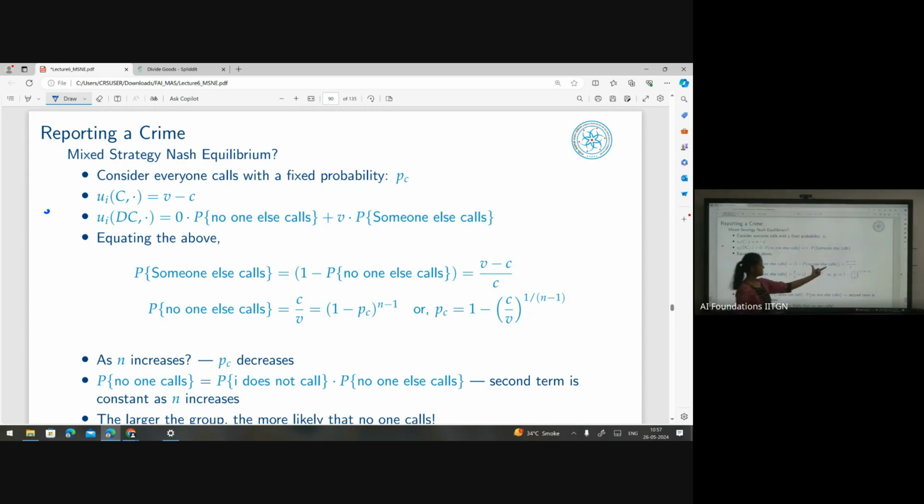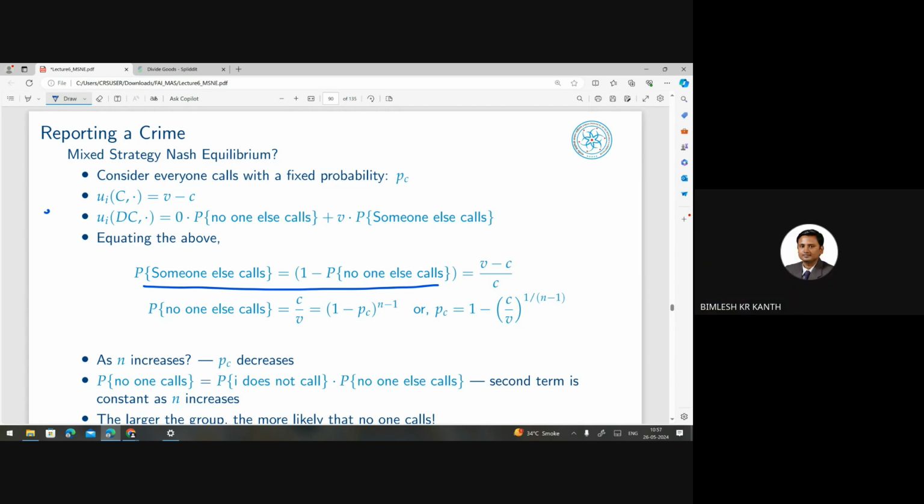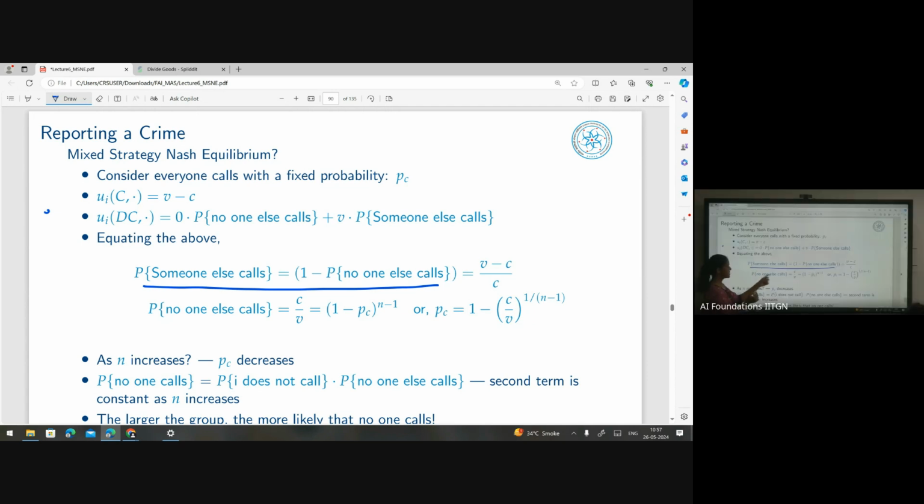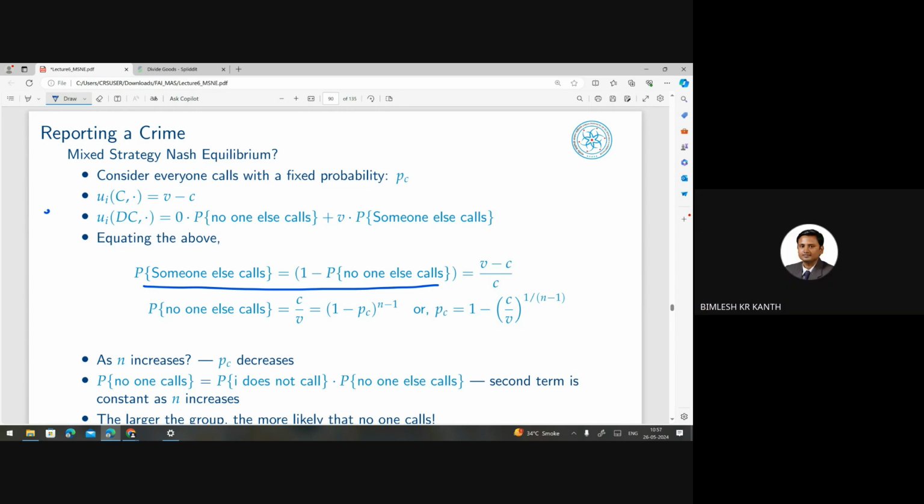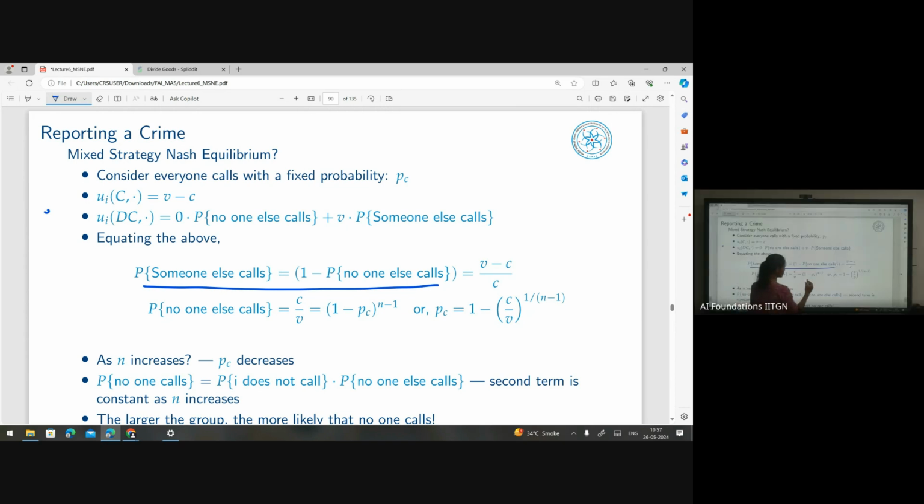And P no one else calls, how is this coming? Because the probability that someone else calls is equal to 1 minus this. So if you do 1 minus that, you'll get C. And why is the power n minus 1 for 1 minus PC? What is the probability that somebody calls? It is PC.